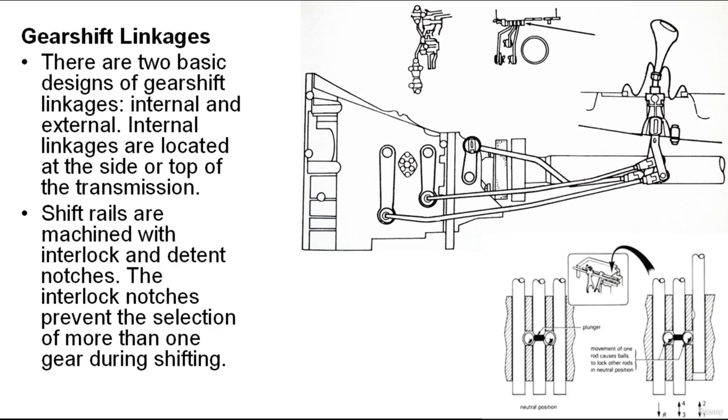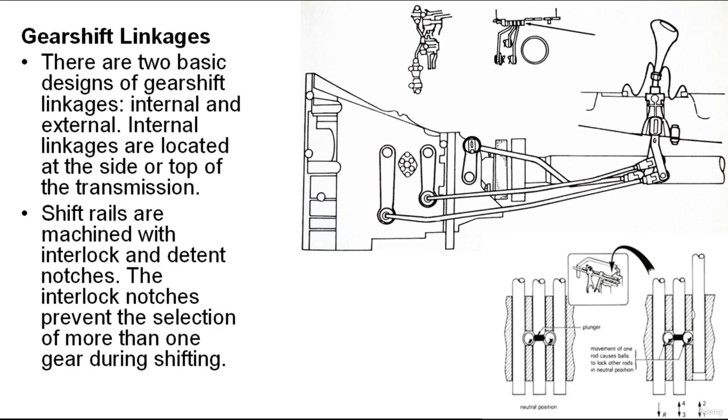Movement of the shifter moves a shift rail and a shift fork toward the desired gear. This moves the synchronizer sleeve to lock the selected speed gear to the shaft. This type of linkage is often called a direct linkage because the shifter is in direct contact with the internal gear shifting mechanisms.